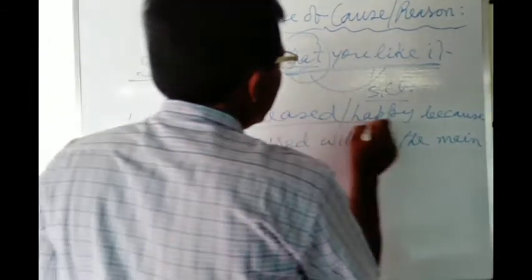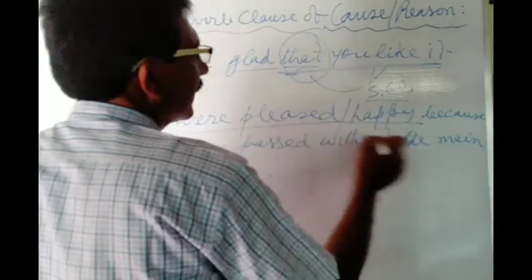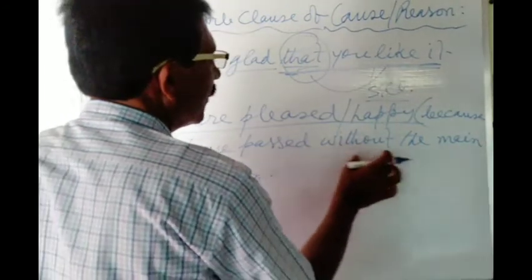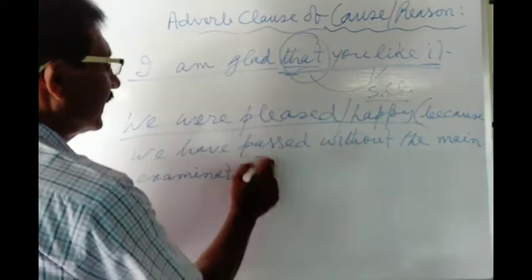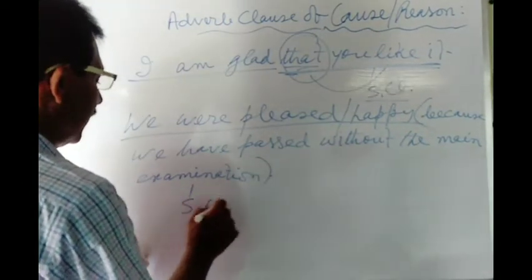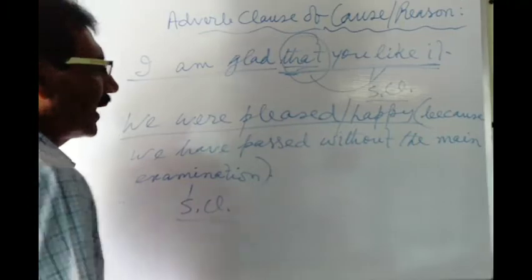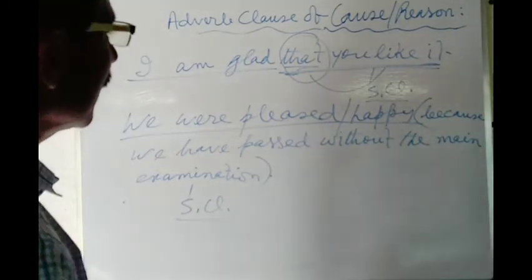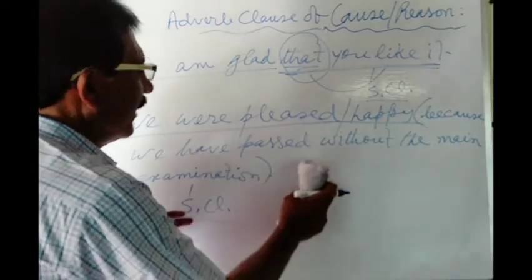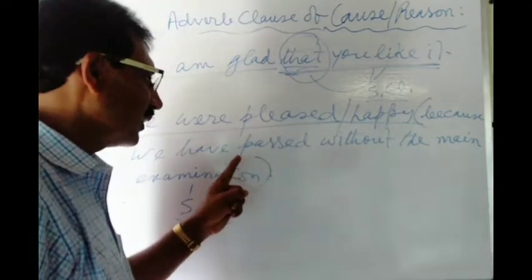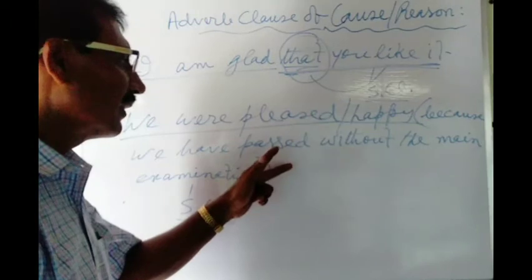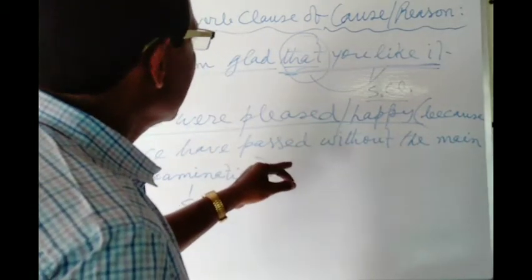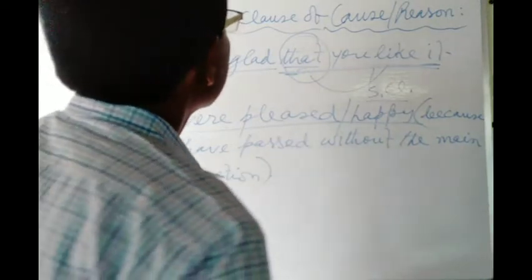We were pleased or happy, this is the principal clause. Because we have passed the main examination, this is used as the subordinating clause. Such type of subordinating clause is used in order to mention or indicate cause or reason. Whenever you will see such type of cause or reason in the subordinating clause, then you will have to term the clause as the adverb clause of cause or reason.